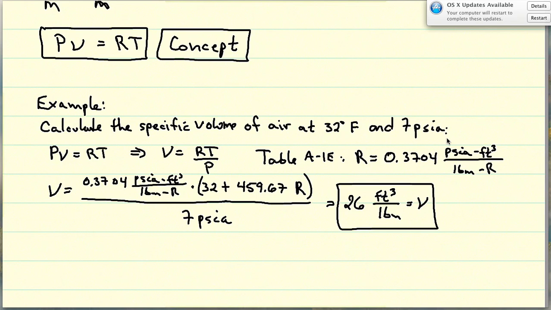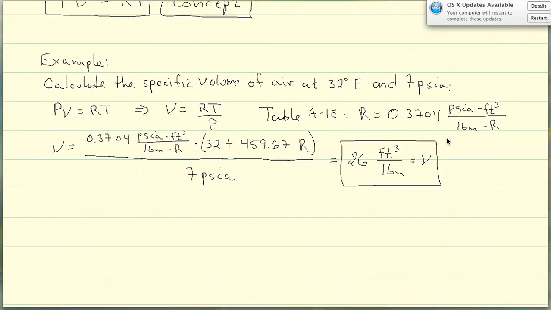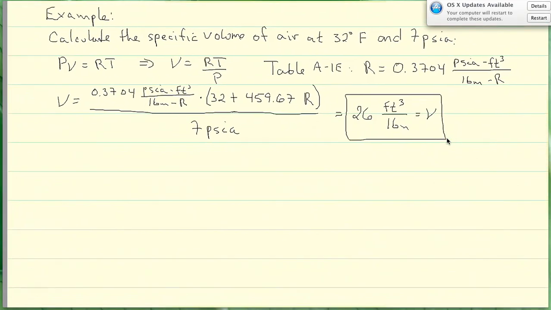Okay, now that we've talked about ideal gases and how we manipulate them, it might also be helpful for you to know what are some of the common substances that we're always going to be able to treat as ideal gases.